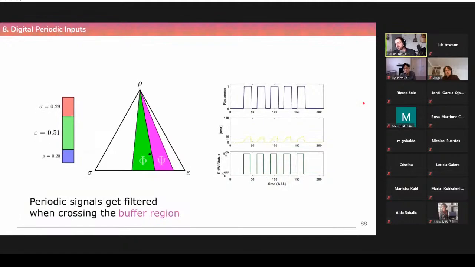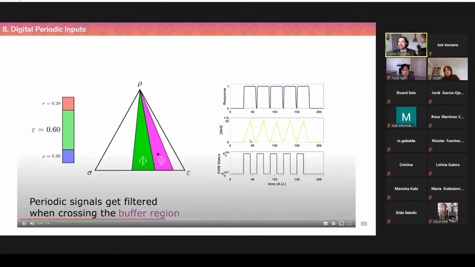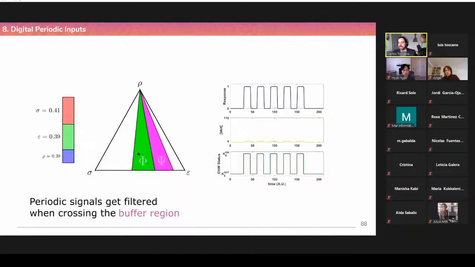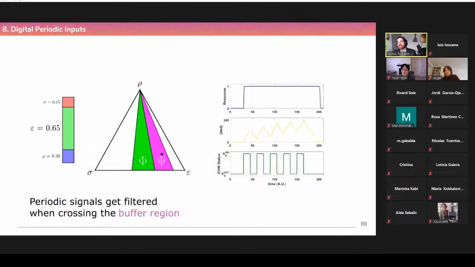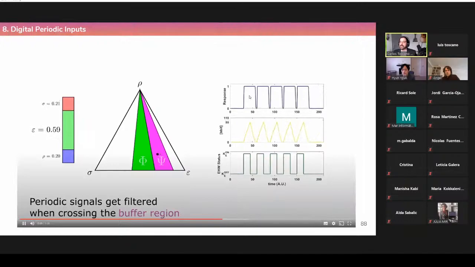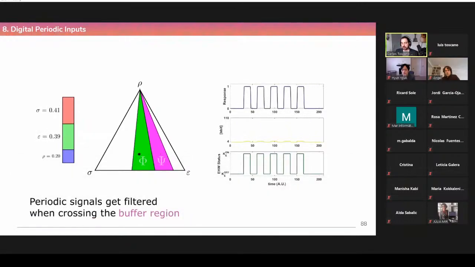If we move closer and we go inside the buffer region, what happens is that biobit concentration tends to increase and decrease in a linear manner, which increases the duty cycle, and it can even eliminate the periodicity of the response of the output signal.